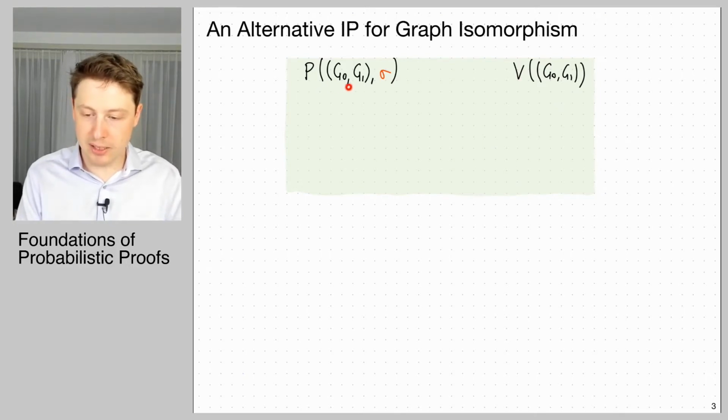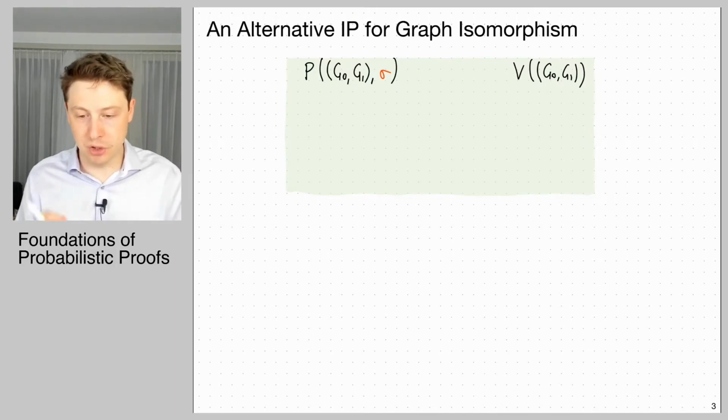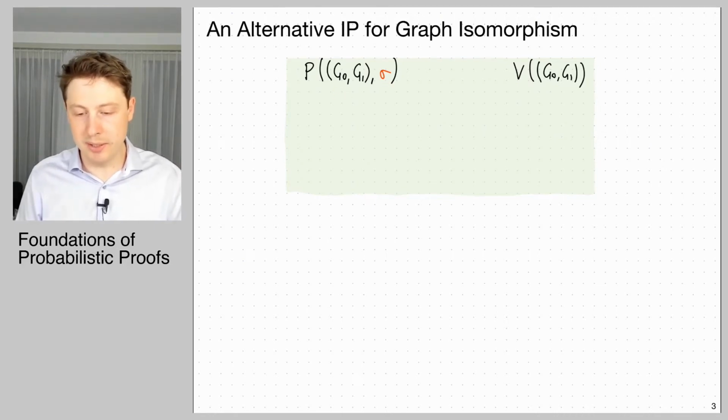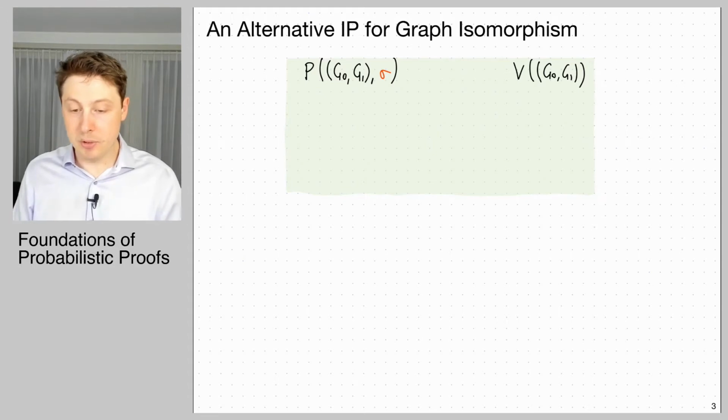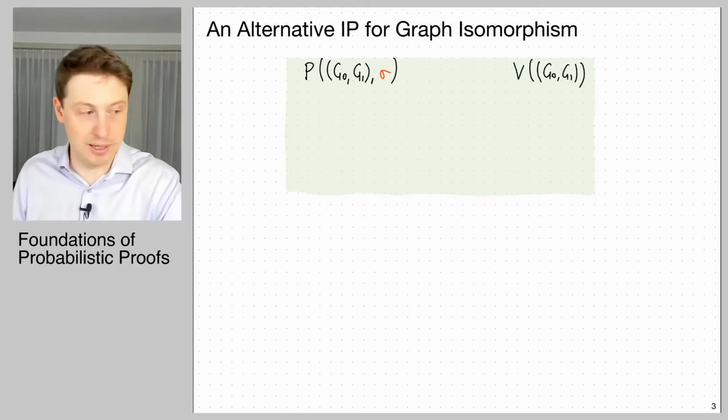They have a shared input, which is the instance that we're considering, so the two graphs, G0 and G1. But now notice that I'm making as an explicit input also this isomorphism sigma. This is a permutation from G0 to G1 that demonstrates that G0 and G1 are isomorphic, and we want to protect that private input.